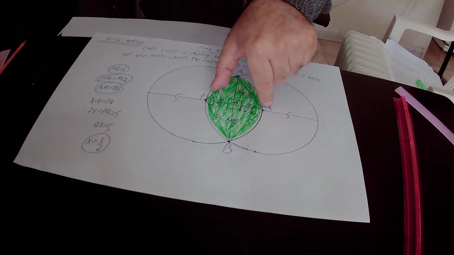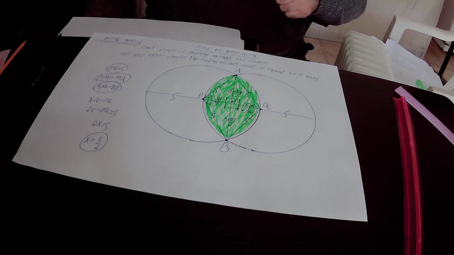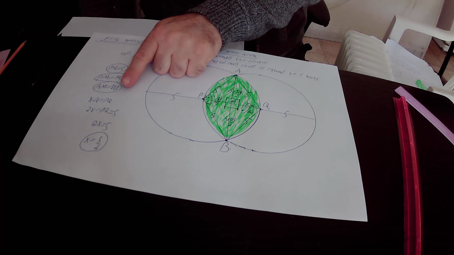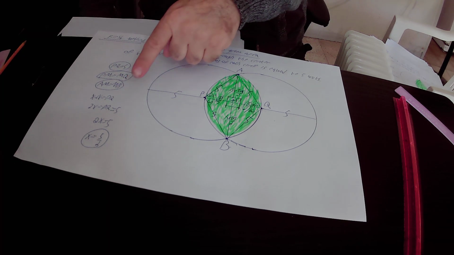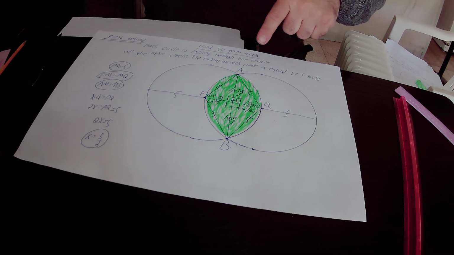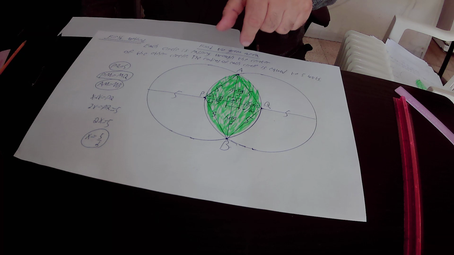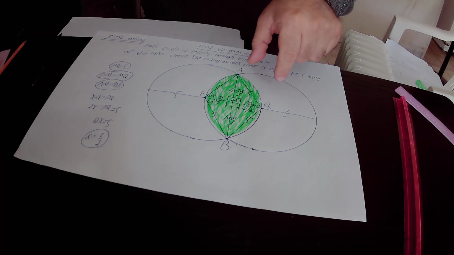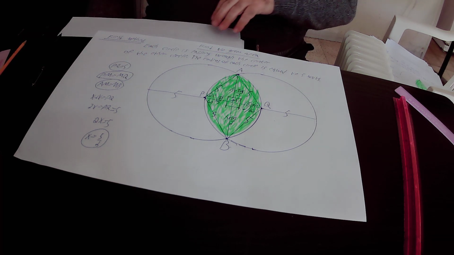So we got that 2x equals 5. We divide this equation by 2 and get x equals 5 over 2. That is to say PM equals 5 over 2 and MQ also equals 5 over 2.